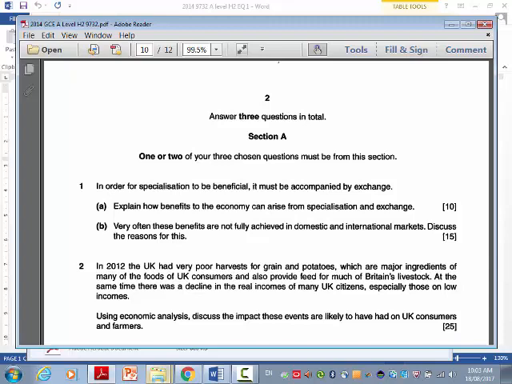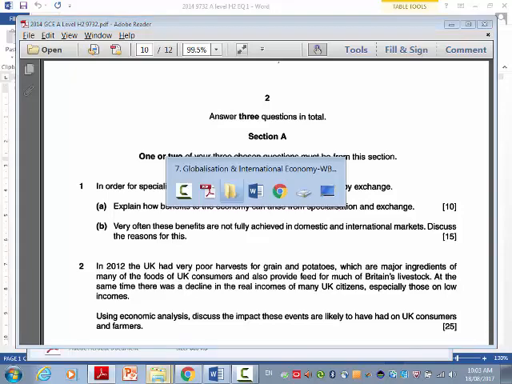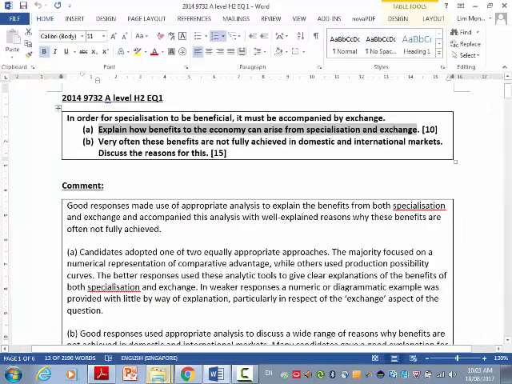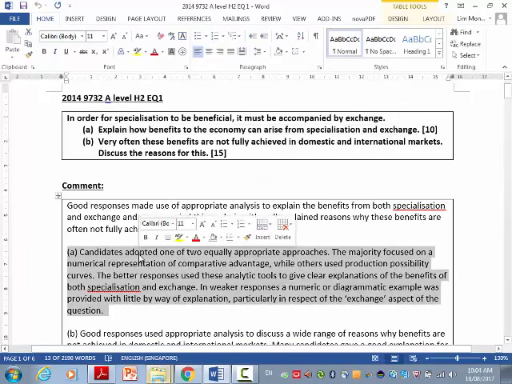But when you talk about this numerical example, the question here is benefits to the economy. What are some benefits? You need to talk more about the benefits. Don't just throw your table there and say, that's my answer. That's not going to be enough, because that's the feedback from the examiners as well.